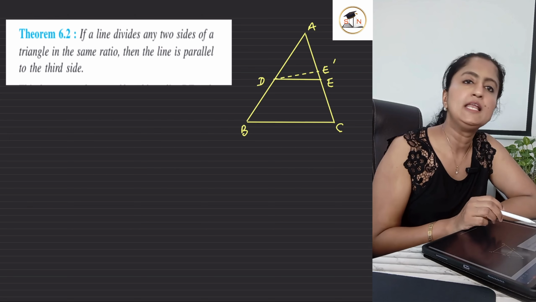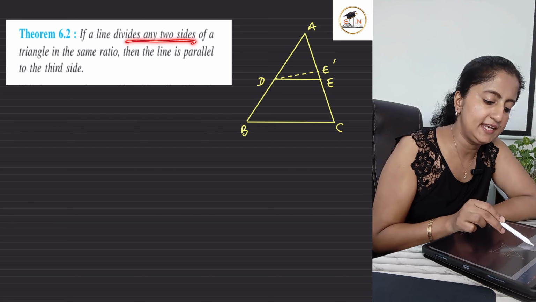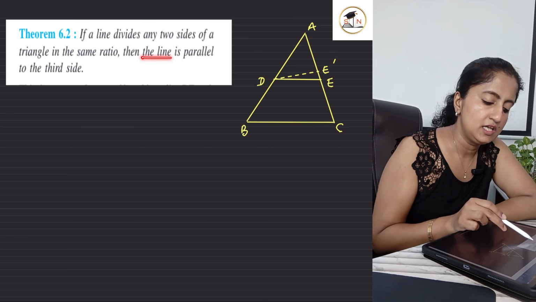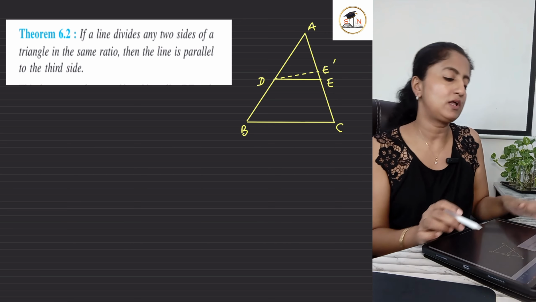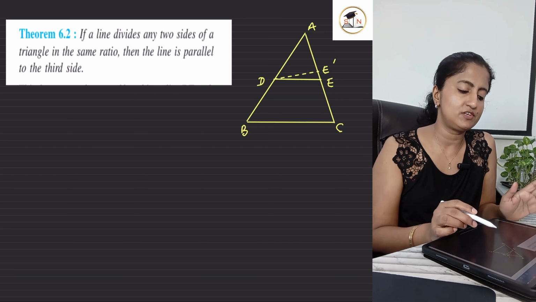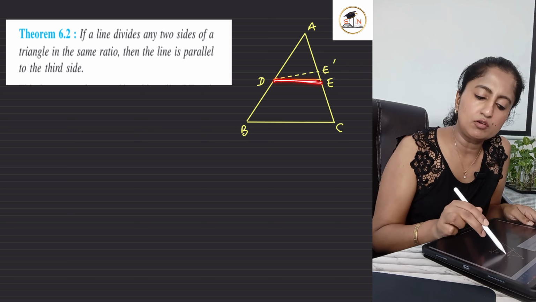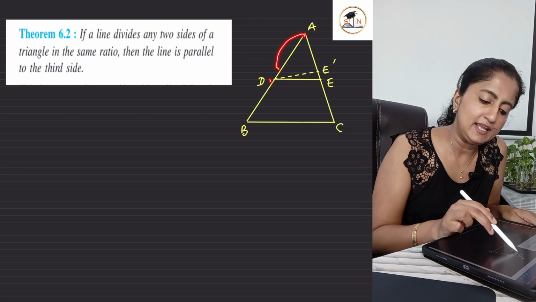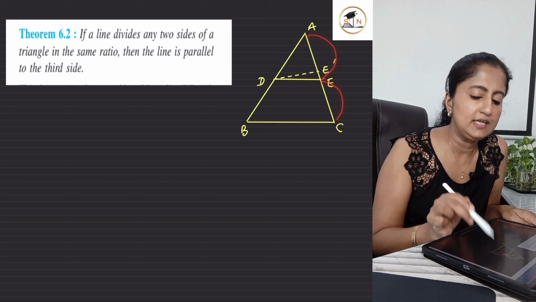So first of all, let's read the theorem. If a line divides any two sides of a triangle in the same ratio, then the line is parallel to the third side. Okay. Now, what are we given over here? That if a line divides any two sides of a triangle in the same ratio, means the line they are talking about is DE over here, and we are given that AD over DB equals AE over EC.